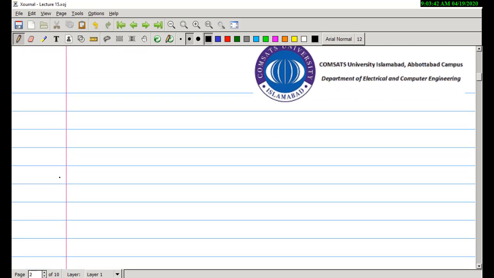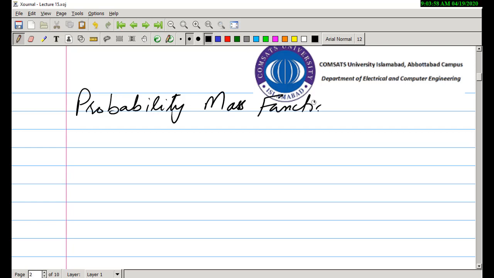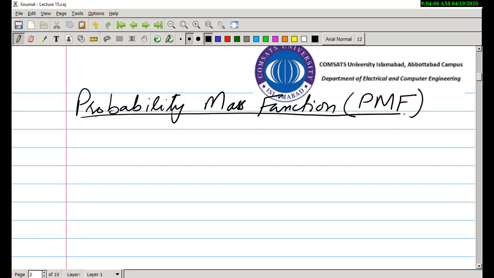So today we will see a very important topic for the discrete random variable: the probability mass function, or in short PMF.